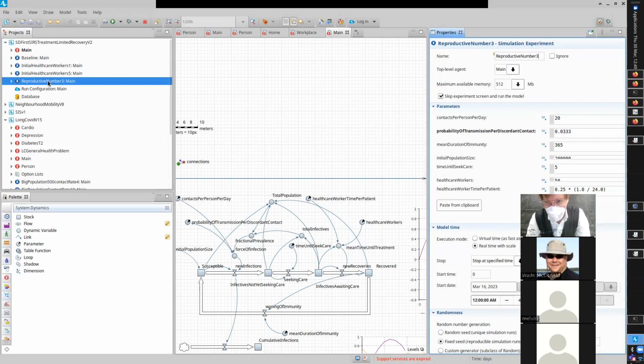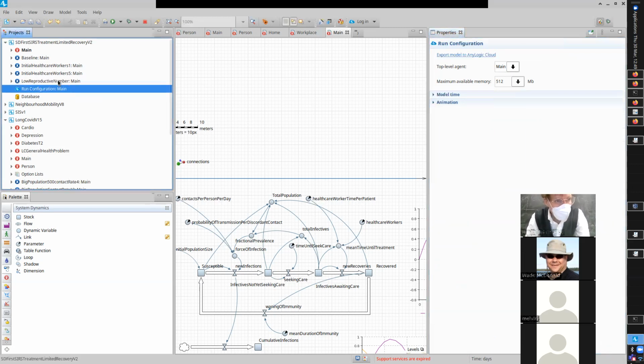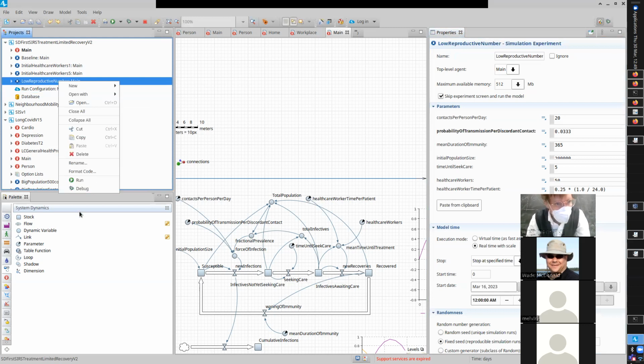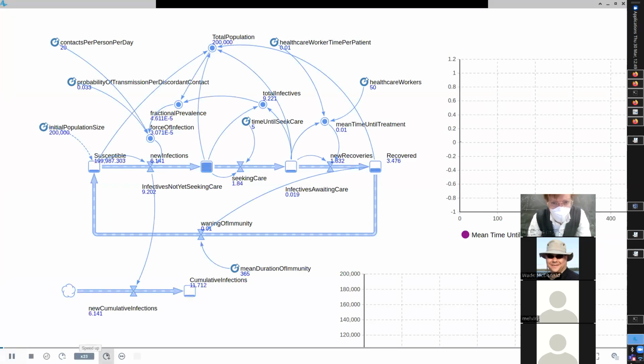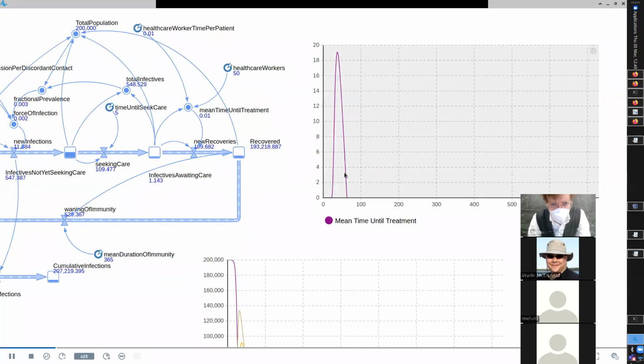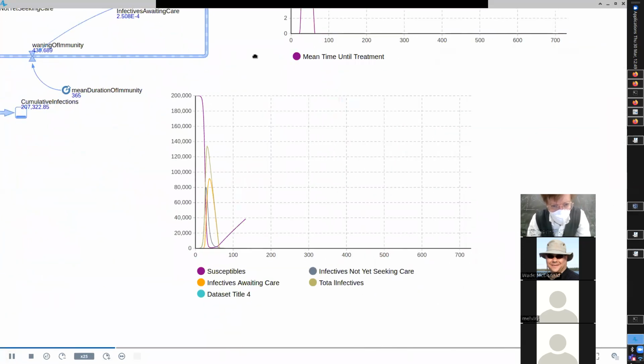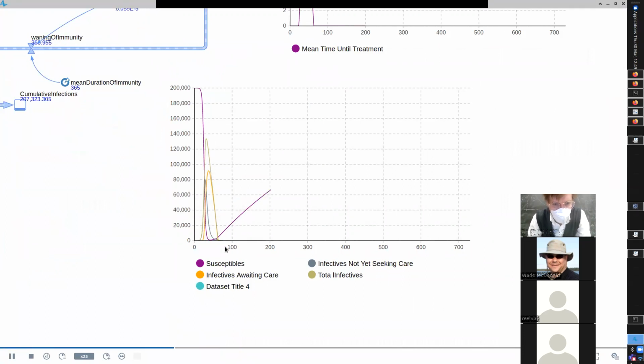So this is going to be a lower reproductive number. Maybe I'll just call it low reproductive number. I'll post this here in a second. Okay. We're just about done here. And I'm going to run this. So here we have a quite low reproductive number. We would get an initial outbreak here, and you notice that it rises up. The number of susceptibles rises up, then it declines here.